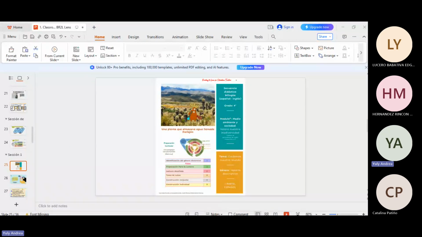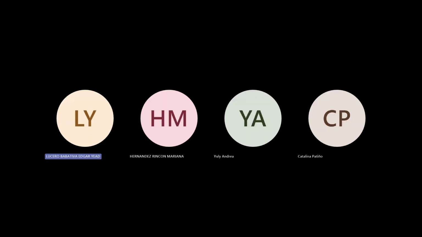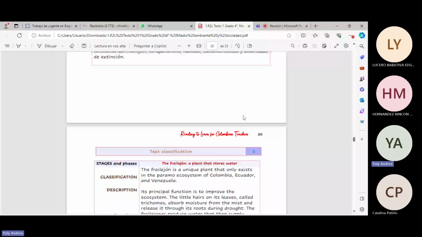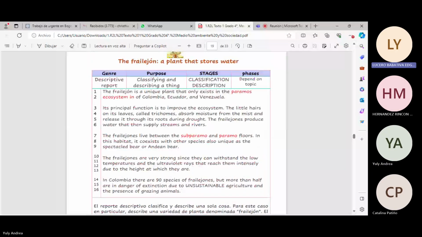You can stop sharing the screen and then share the screen once again. Okay. Now it goes. Yeah, we are watching what you're talking about. Thank you.